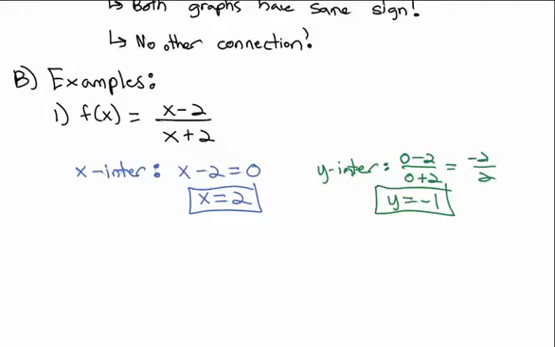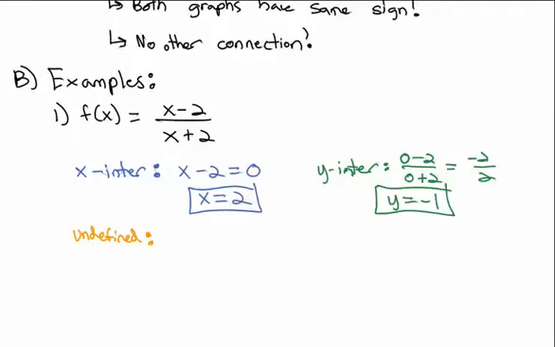Next, we need to find the undefined points. The undefined points are when the denominator equals 0, and it's either a hole or a vertical asymptote. This graph's not going to reduce at all. x minus 2 over x plus 2, that's not going to reduce.